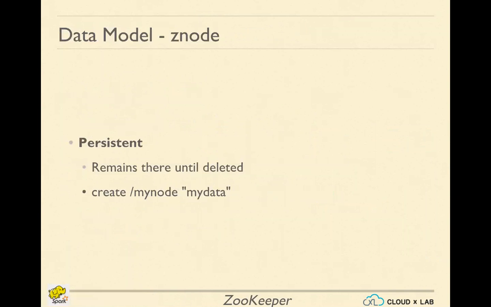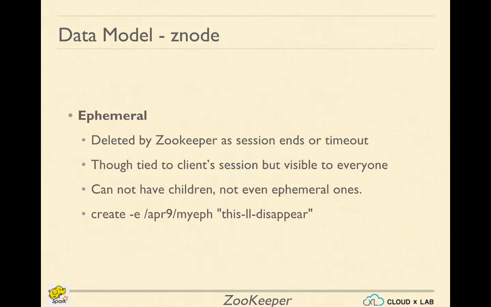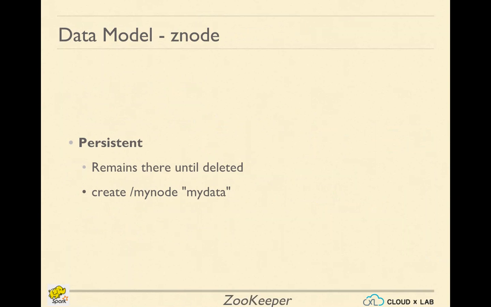All right, next is, so far we have talked about only one kind of Z node called persistent. As there was a question from Sudhakar, for how long this Z node will be there in the database in Zookeeper. So the persistent remains there unless deleted by someone.